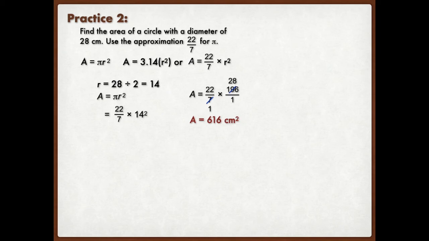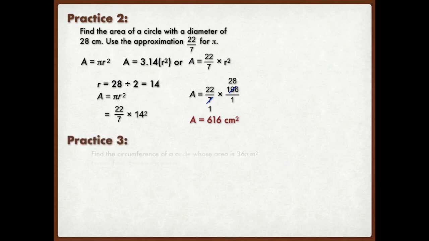I have 28 divided by 2, and that's 14. I square 14, and I get 196. 7 goes into 196 28 times. Then I take the 22 times the 28, and that gives me 616 centimeters squared. So watch this part of the video again. A lot of it's just memorization and figuring out the formula.